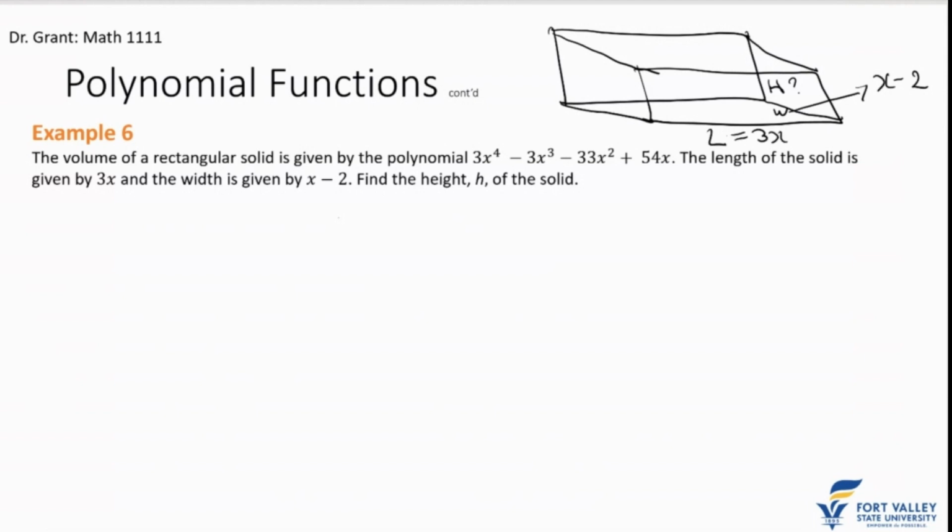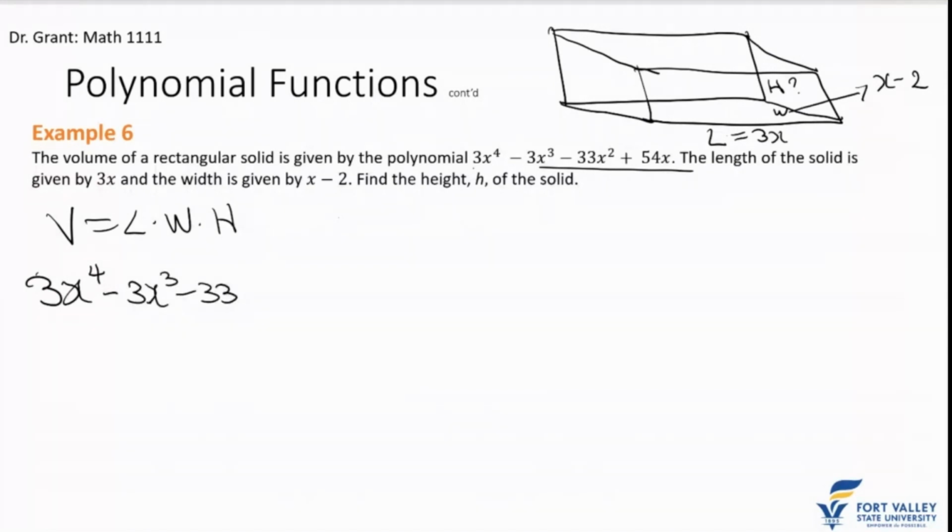is 3x. So I don't know if you guys recall, the volume of a rectangular solid is length times width times height. So here they told us the volume. The volume is 3x to the 4th power minus 3x cubed minus 33x squared plus 54x.